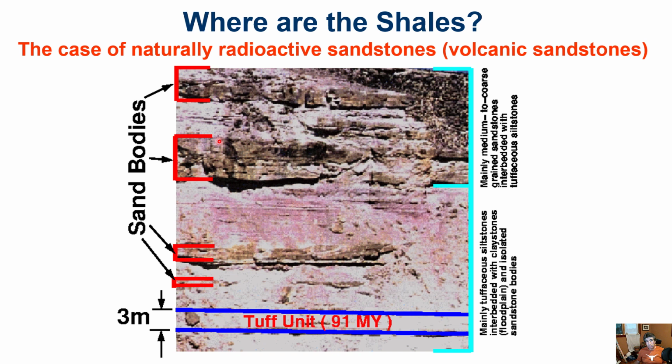what happens is that you're going to see low values of gamma ray log in the sandstones. If the sandstone has an intralayer of volcanic ash, then immediately the gamma ray log will increase in that sandstone. And of course, when the gamma ray log goes across a tuff unit like this or an ignimbrite, then the values will tend to be high.